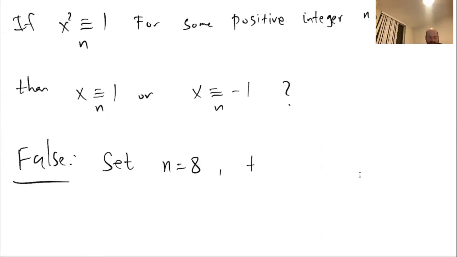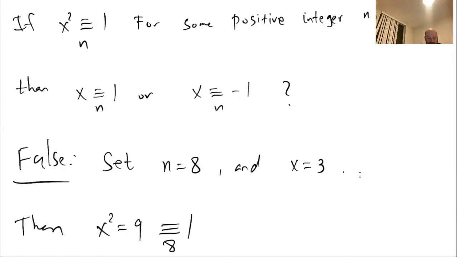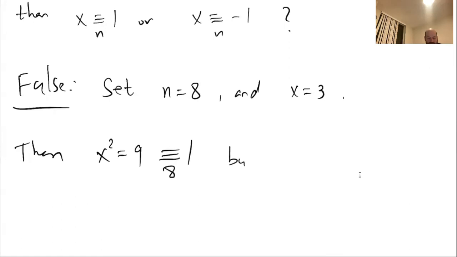and x equals 3, then how much will be x squared? X squared will be 9, which will be 1 mod 8. But 3 is not 1 mod 8, and 3 is not minus 1 mod 8.